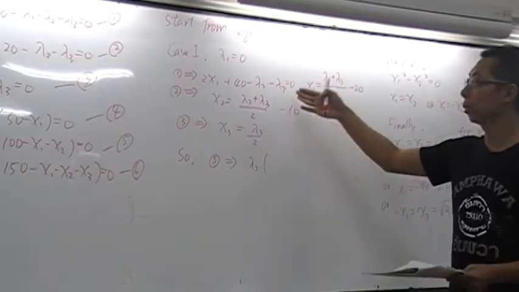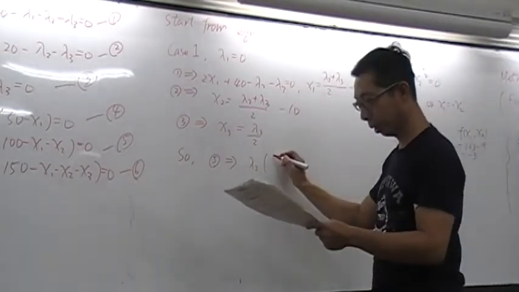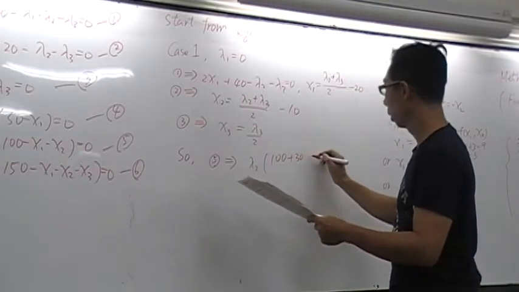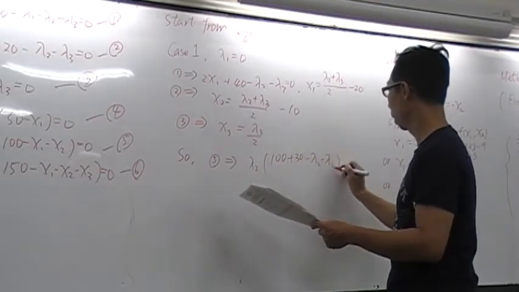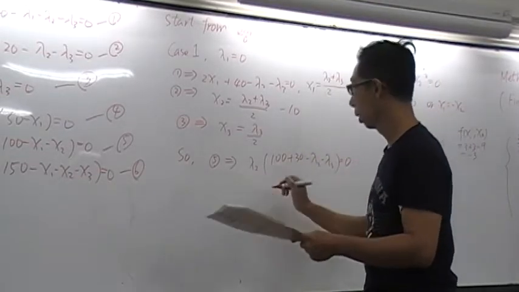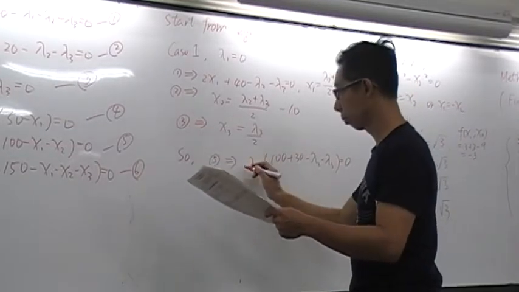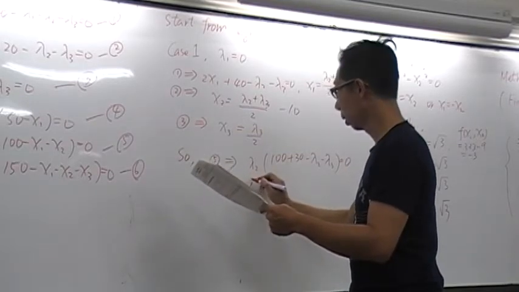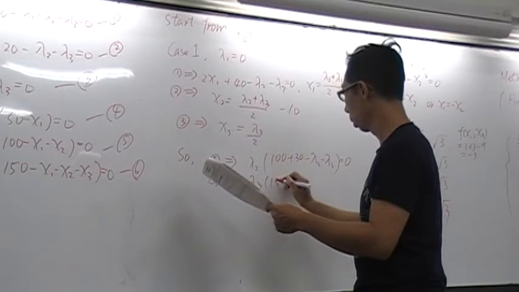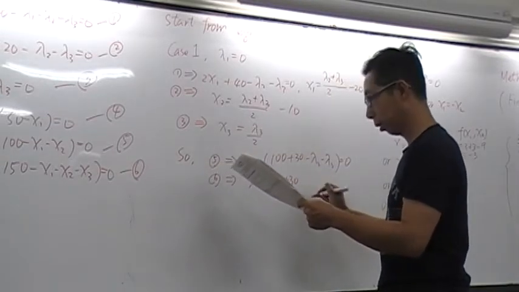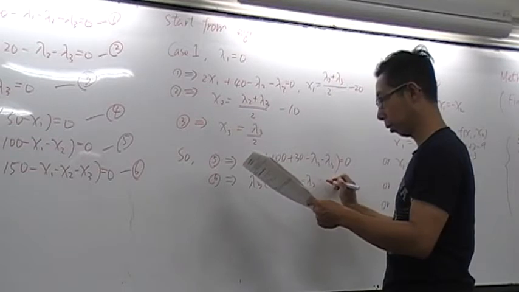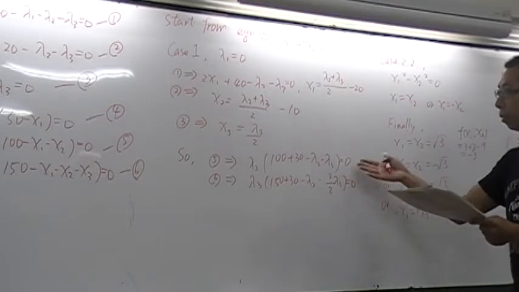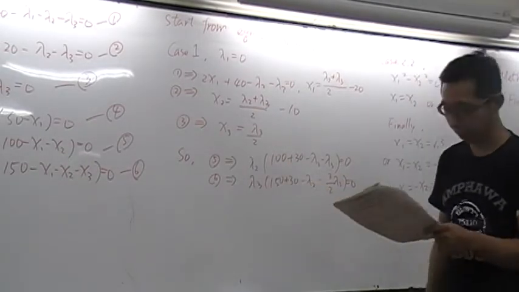Okay, if we plug in x1 and x2, let me directly write it down. 100 plus 30 minus x2 minus x3 equals 0, and equation 6 is lambda 3 times something equals 0. Okay, so that's the two equations from equation 5 and equation 6.